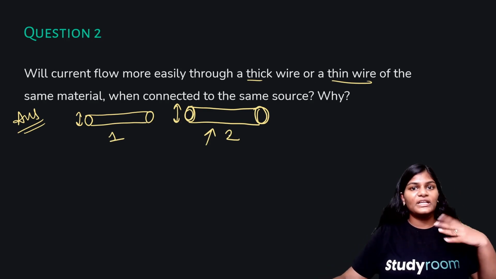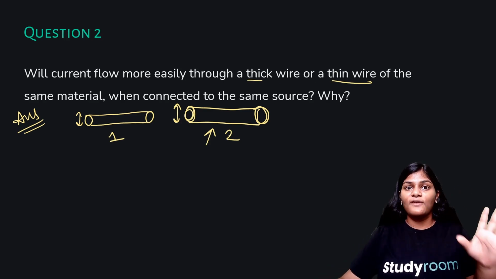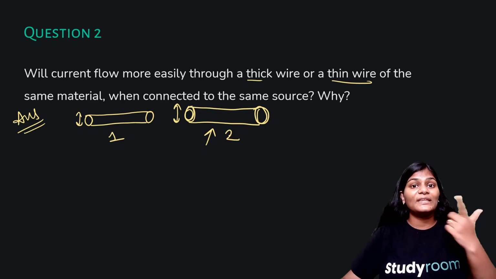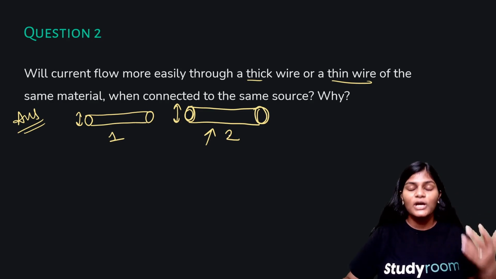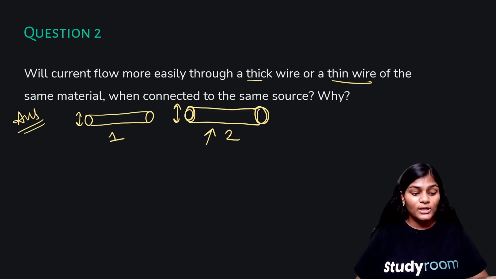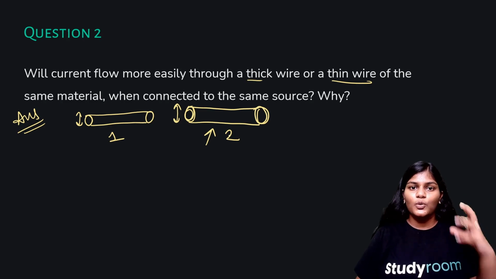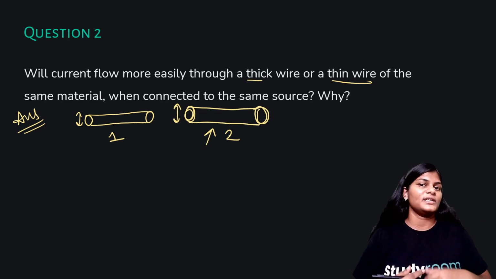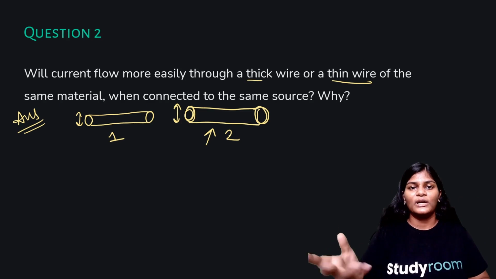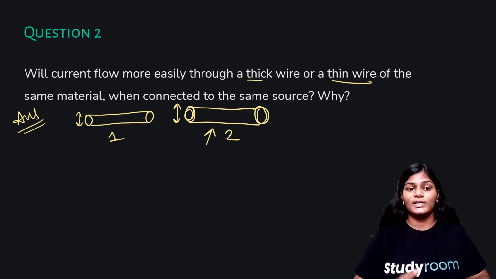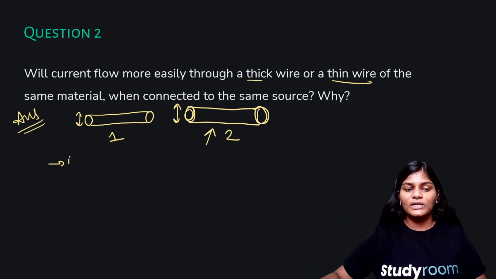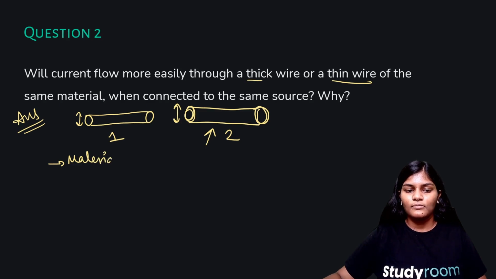So we know that the material is not changing, and they have not said anything about length. So when they don't say particularly that we are changing this quantity, you assume that it's constant, because they will tell you if this quantity is also changing. So here we know that the material is same and the length is same.